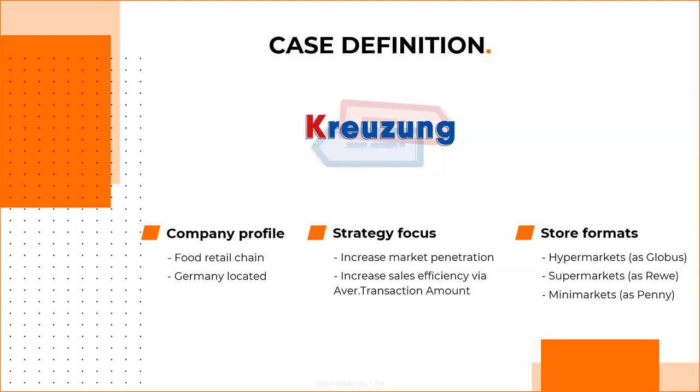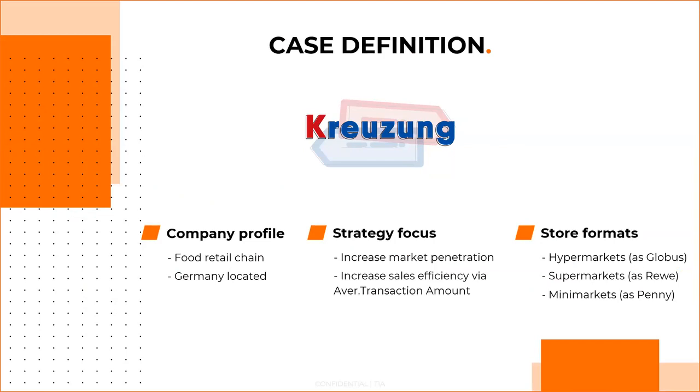In our case, this company uses the Marketing Cloud for campaign management, while the sales data comes from the retail core system. And now I will switch roles from database architect from T1A to a marketing manager from Kreuzung, who wants to use all analytical capabilities to boost the company's results.